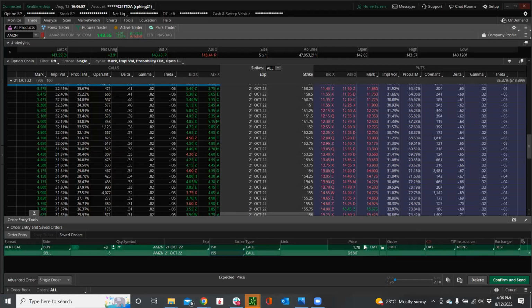So if I round this up to $2, my maximum profit is $3. The difference between these two is 5, less what I paid, 2. That means my total profit on this is $300 per contract. So with 3 contracts, that could be $900 maximum gain.